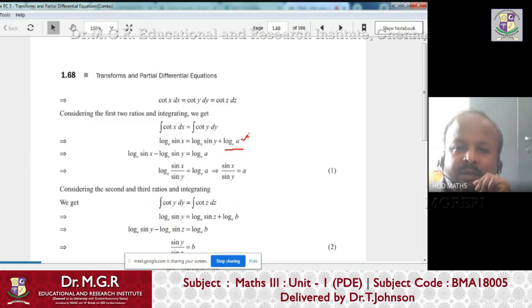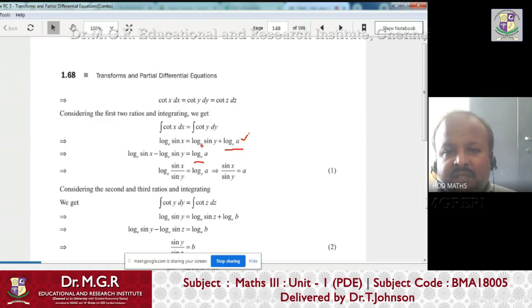Even if you simply put c and write log sin x minus log sin y equals a, mathematically it is correct. But in order to simplify it, they do this type of simple idea. If a is arbitrary, log a is also arbitrary. So instead of a, they assumed log a, because if a is an arbitrary constant, log a is also an arbitrary constant.